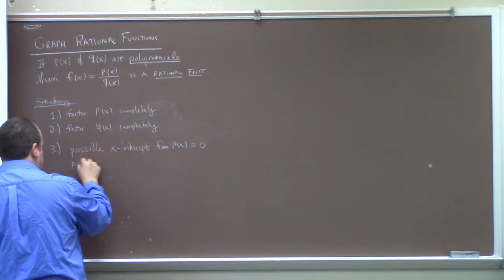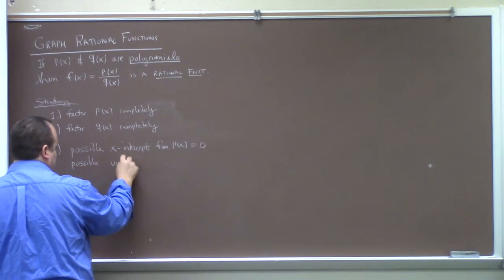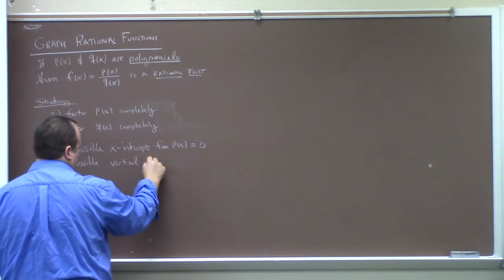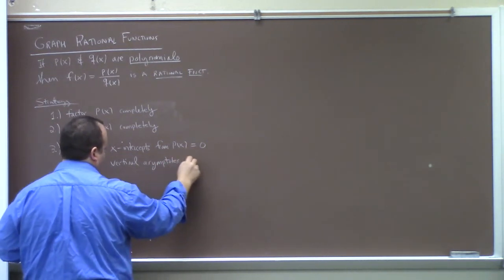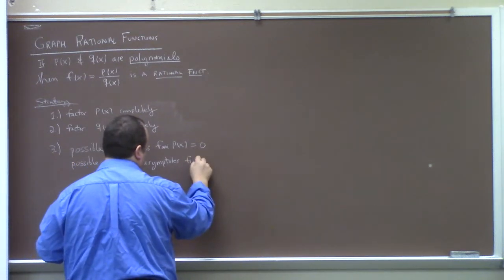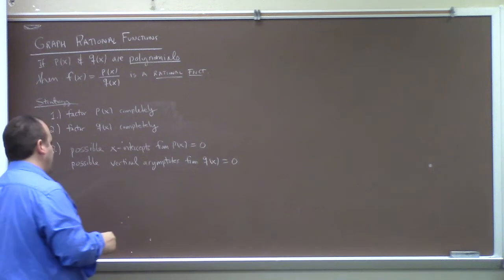Possible vertical asymptotes from q of x equals 0.